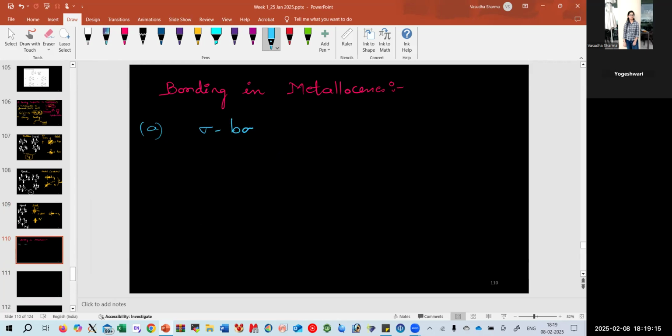Sigma bond is formed between the ligand, L stands for ligand, and its A1G will bond with the metal's S orbital, PZ orbital and DZ square orbital.